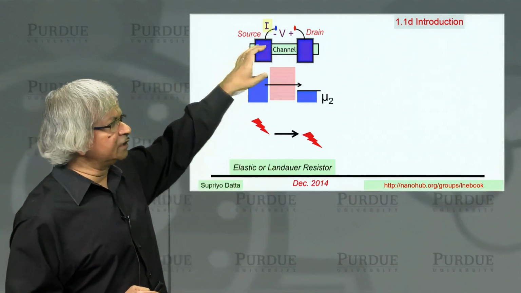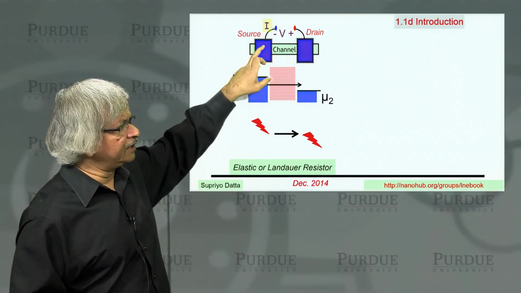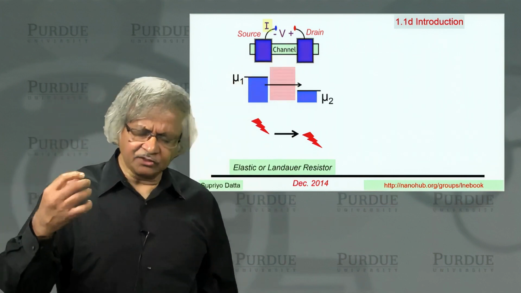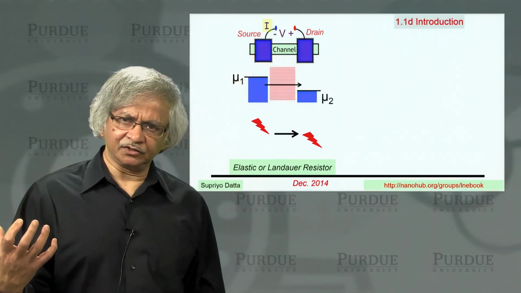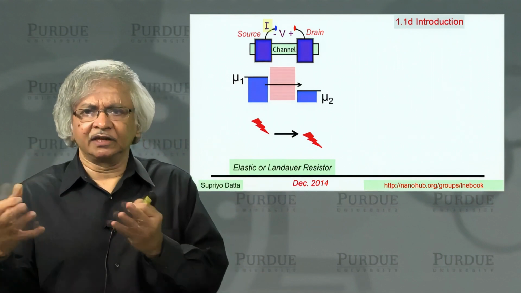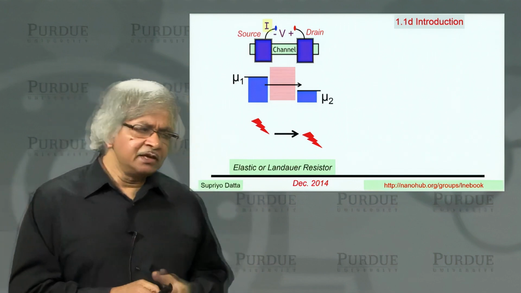In small devices, when an electron goes from left to right, there's always some heat dissipated, as you know. And usually when you run currents, things will get hot. That's how heaters work, that's how light bulbs work.